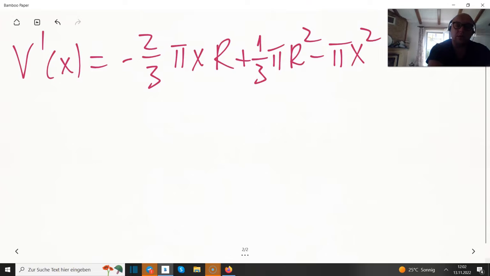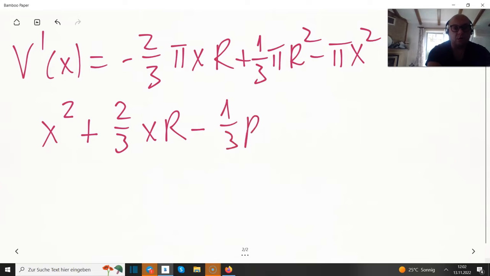We are also dividing it by minus pi. So let's see, we got x squared, then we got plus 2/3 x R. I'm getting rid of pi, and I'm changing the signs as well. And minus 1/3 of R squared equal to 0.